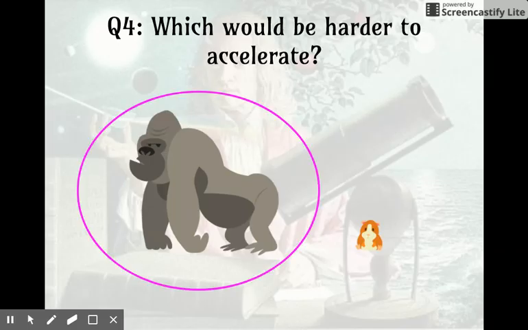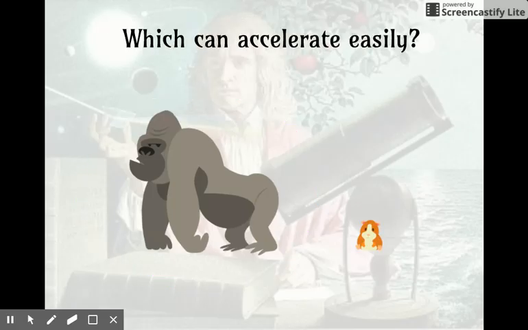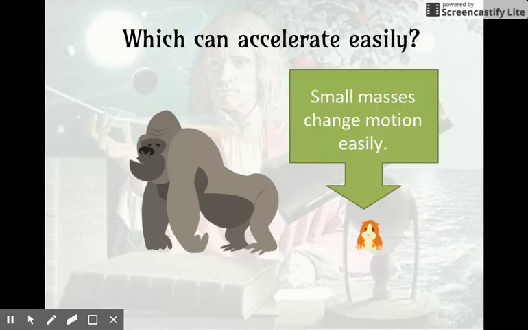So the object with more inertia is going to be harder to accelerate, so to get it to speed up or slow down. Which can we accelerate easily? Answer is the hamster. So smaller masses change their motion easier.